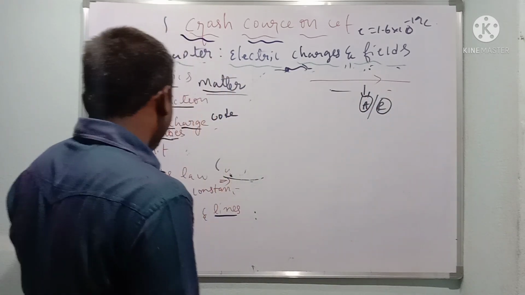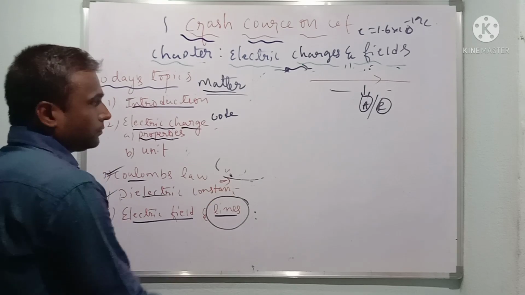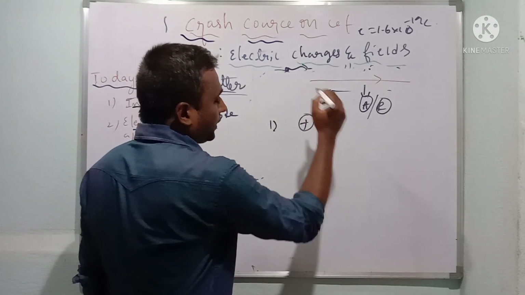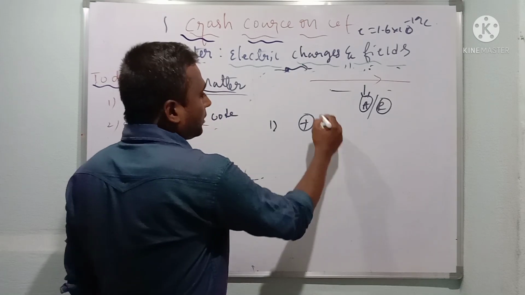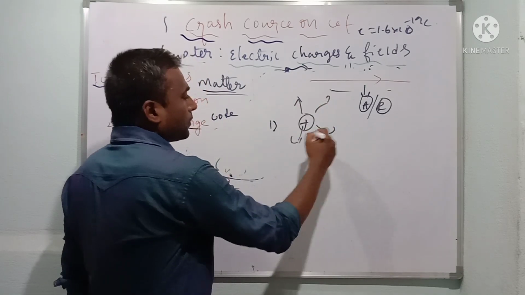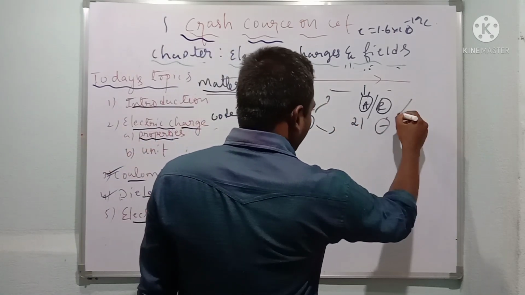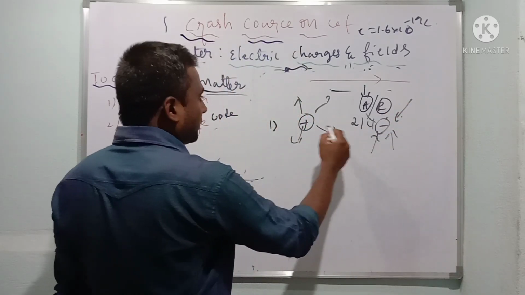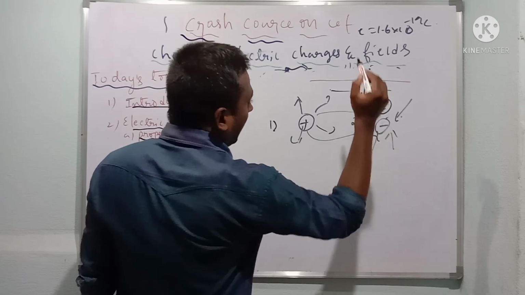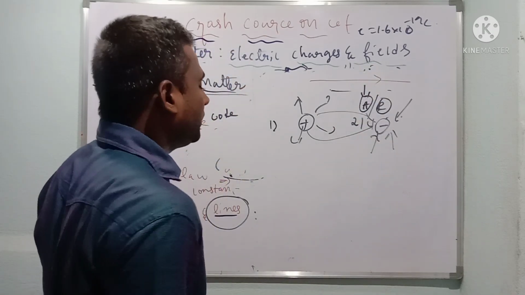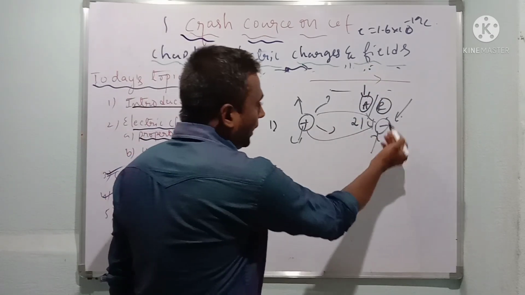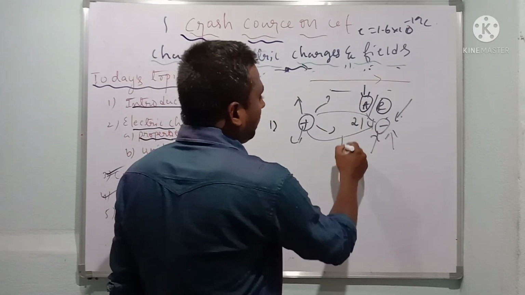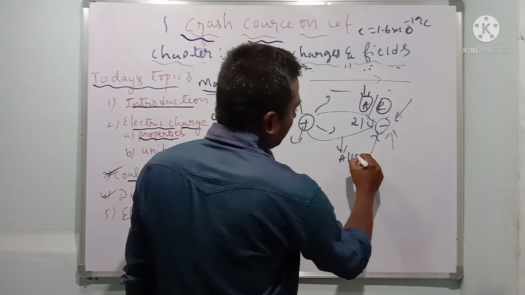So now let us understand the properties of electric field lines. The first property: for a positive charge, electric field lines always move outwards. If it is a negative charge, they move inwards. And the third property: between unlike charges there will be an attractive force.